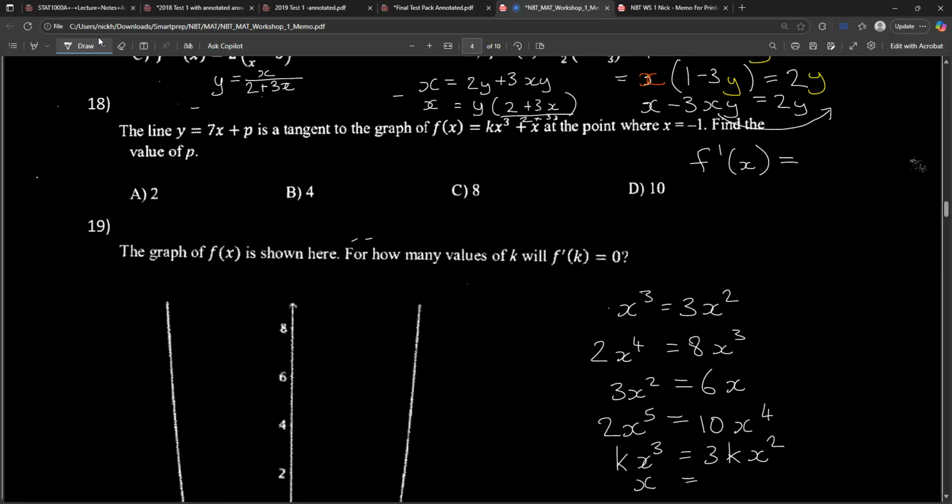Okay, now the quick way is anything with no exponent is just whatever is in front of that x. So if x does not have an exponent, the derivative is just the number in front, which is just 1. So let's say it was a third x, right? The derivative would be 1 over 3. If it was kx, the derivative would be k. Okay, why? Because think about it.